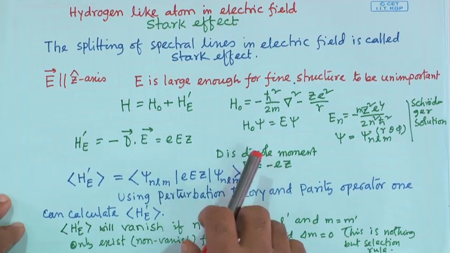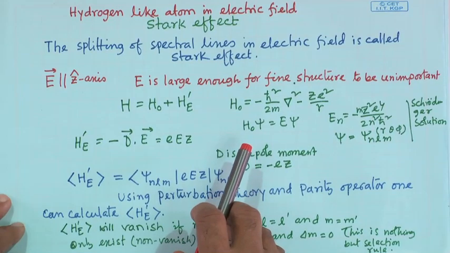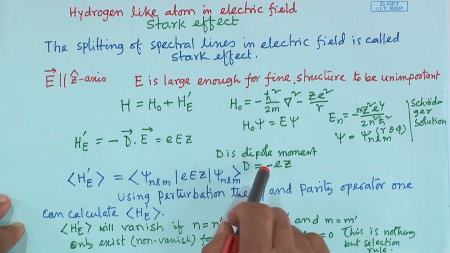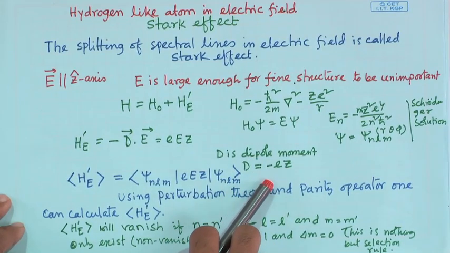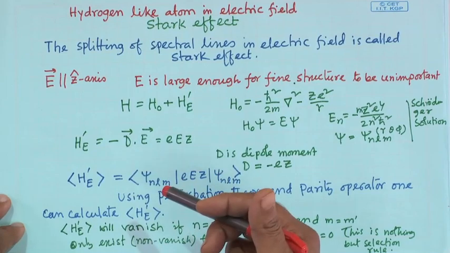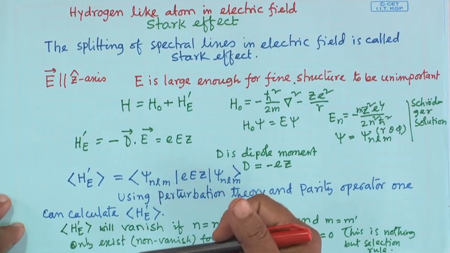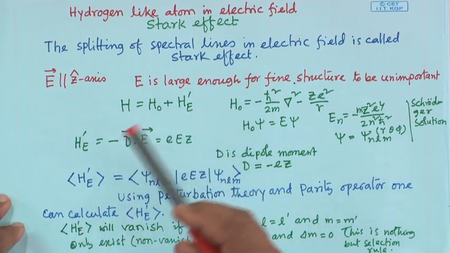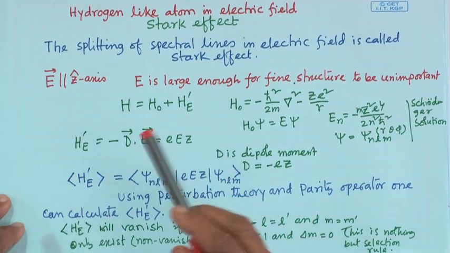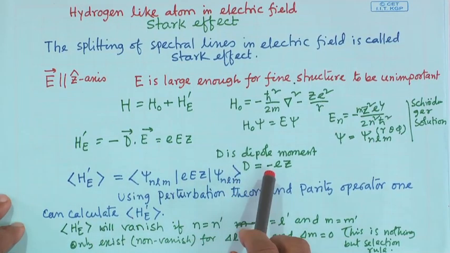The dipole moment will depend on where the electron is staying, whether it is in an s orbital, p orbital or d orbital. That factor we will also see in the calculation.